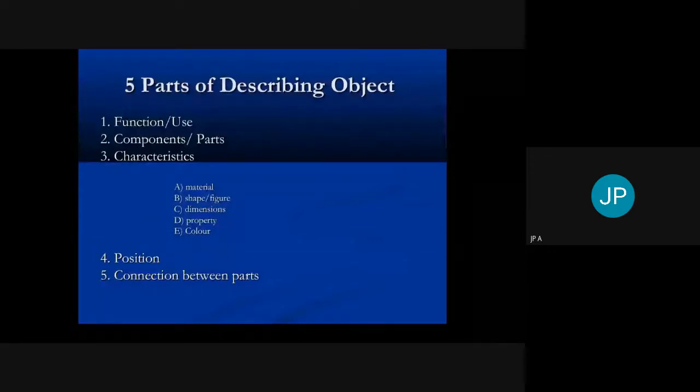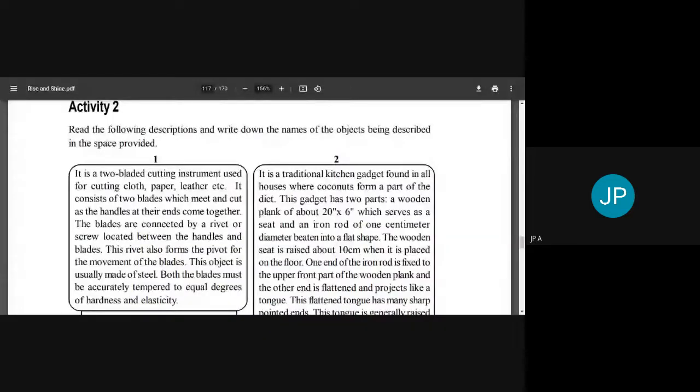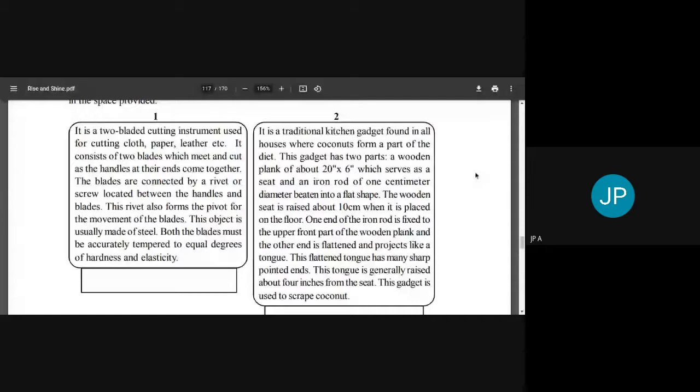There are two examples. You have to read the descriptions and write the names of the objects which are described. Let us see whether you can identify these objects. There are two objects described in two boxes, box 1 and 2. See whether you can identify what these objects are.